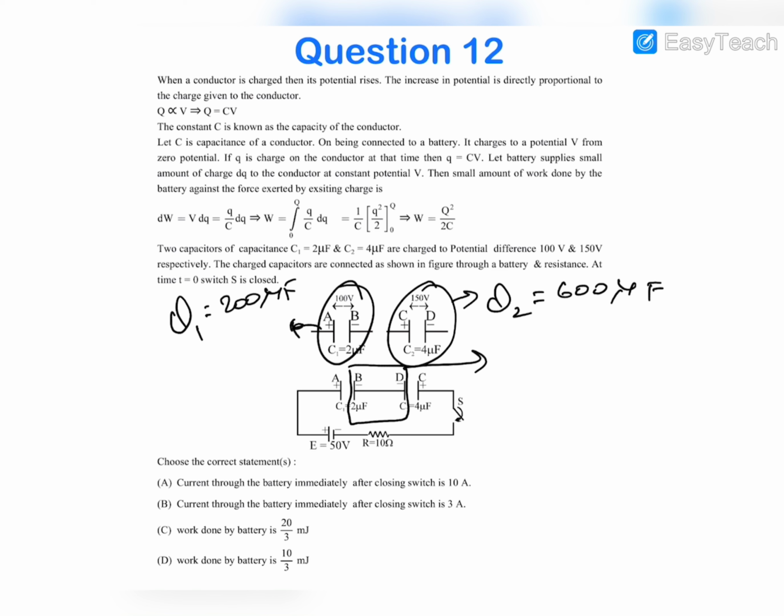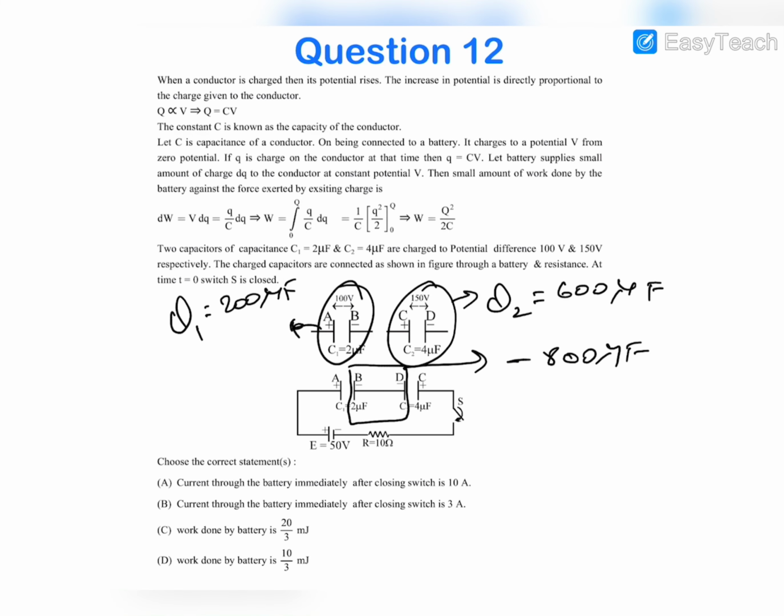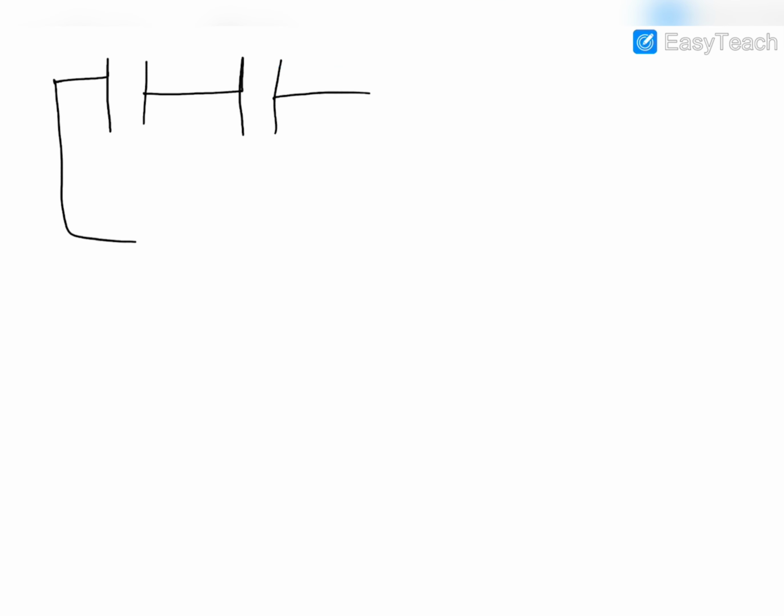We have connected the B and B plates together, so Q total will be minus 800 microcoulomb. For this connection, let us draw the diagram. The battery is 50 and R is 10.